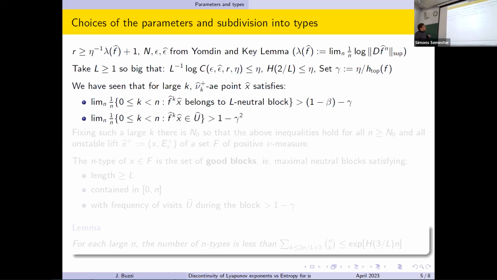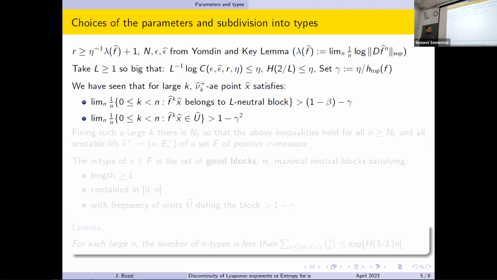First we want to observe that for the unstable lift of any measure, so the unstable lift is this nu k hat plus. Okay, so for these points, we have seen that when k is large, however big is big L, we have such an estimate.